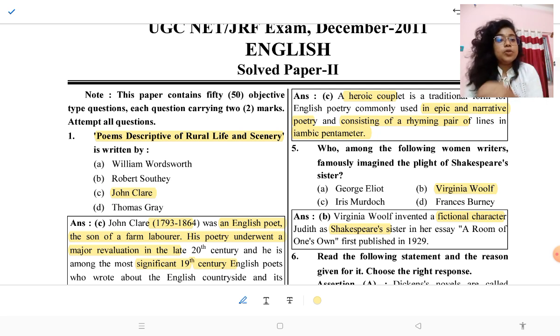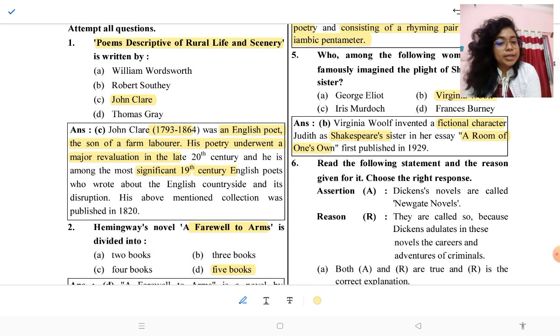Here she tried to write about the struggle Shakespeare's sister may have had. In A Room of One's Own, she imagined the character Judith Shakespeare, and it was published in 1929.